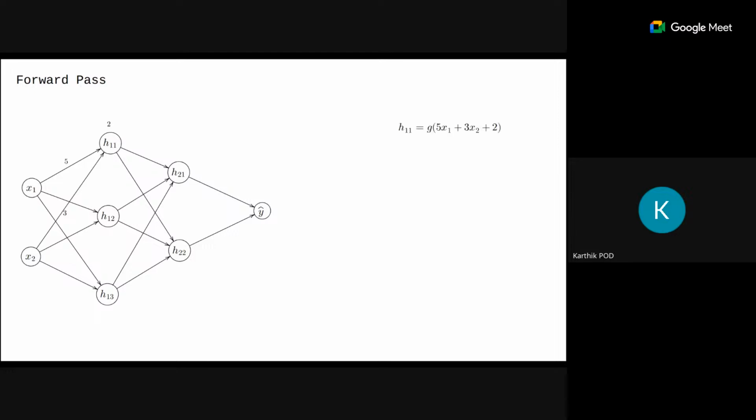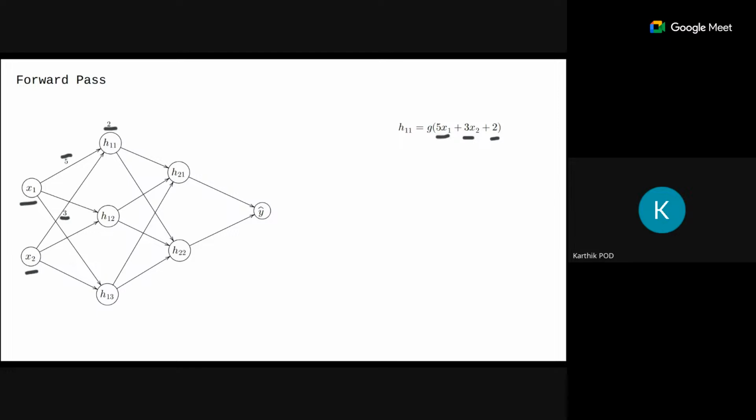Whatever input you get, you are going to linearly combine it, similar to what you did in perceptrons, W transpose X. So you are going to do W1 X1, that is 5x1, plus W2 X2, that is 3x2, plus B. So far we have not seen this B anywhere, but we are going to see this bias in this case.